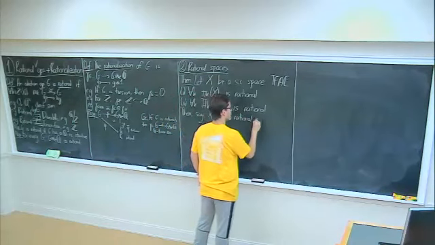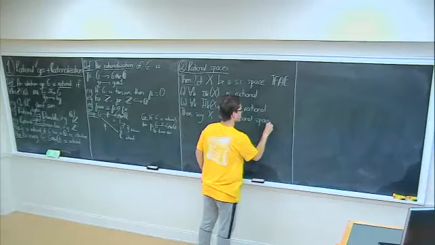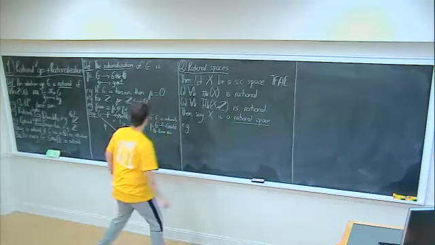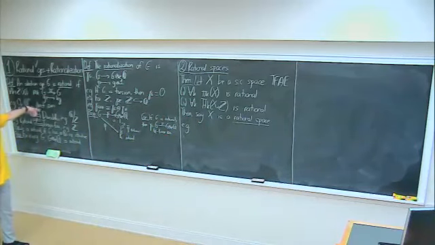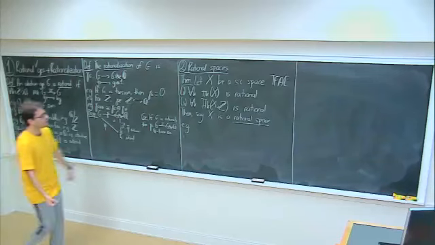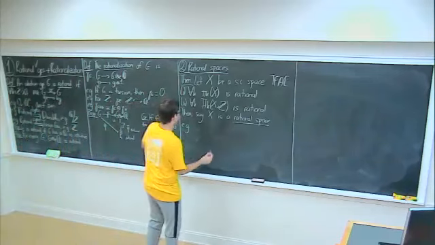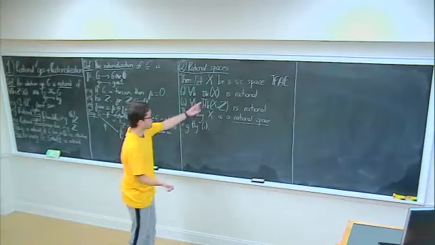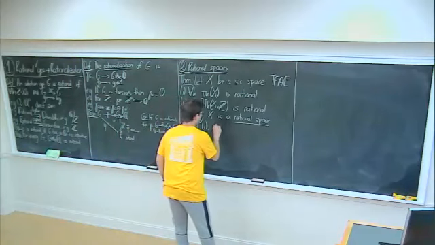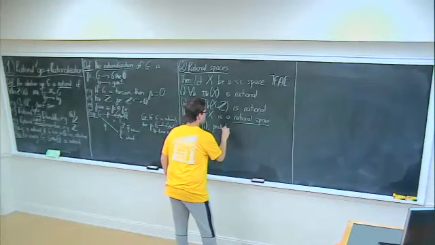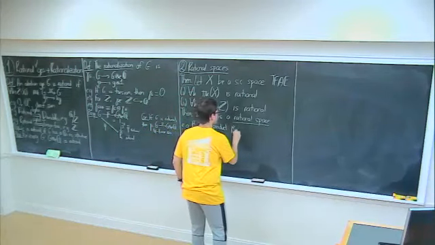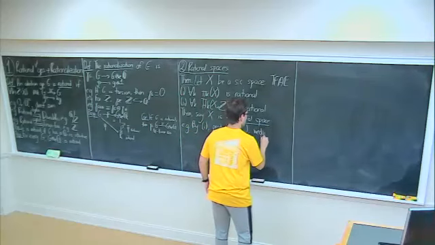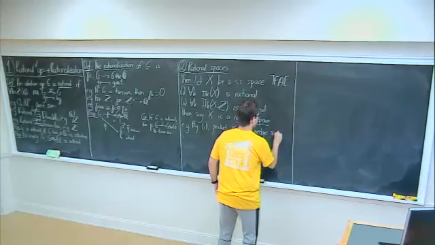First thing you do, think about some examples and some non-examples. So, first of all, we had this remark here about building new rational abelian groups from old ones. Well, by the first characterization, the product of two rational spaces is rational, and by the second characterization, the wedge sum of two rational spaces is rational.